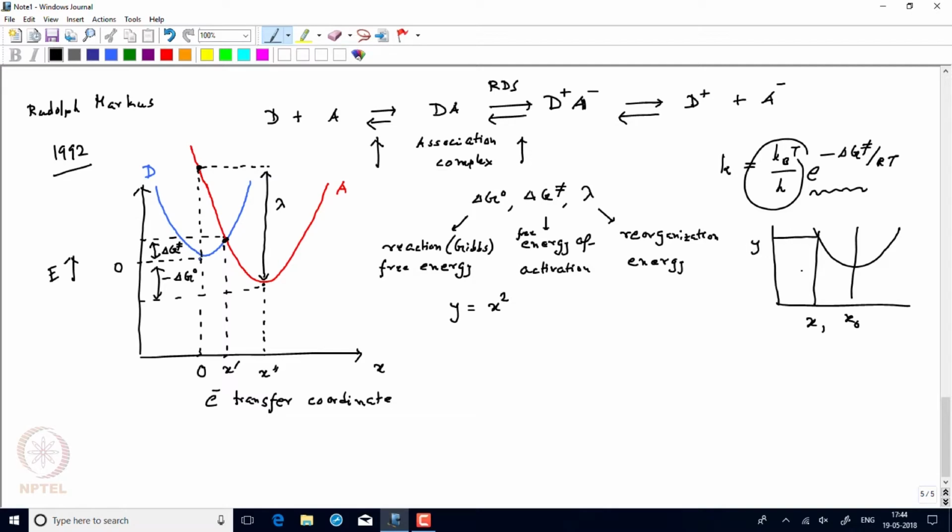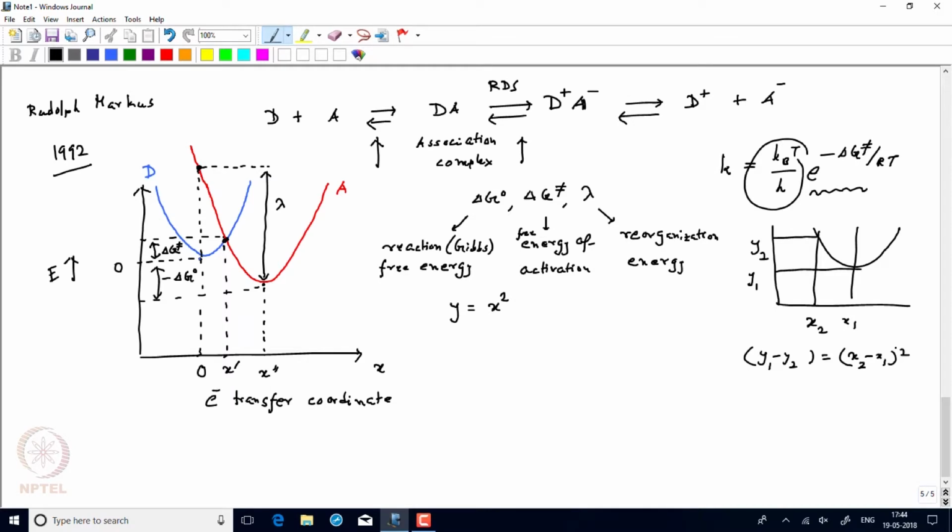Suppose this is y, and this is y1, this is y2, so I can write y1 minus y2, if I change the notation here to x2 and x1, as x2 minus x1 squared.